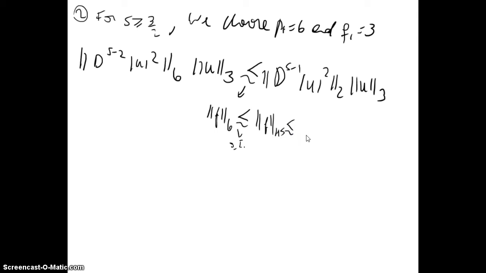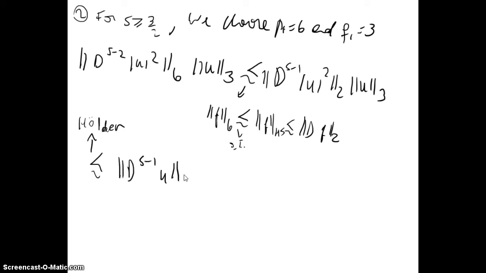If this is less than or equal, then the L^2 norm. Okay, so now we will use Hölder to bound this by the norm of D^(s-1) u. We separate this 2 times, and we take one of these outside. Now we will have 2 of these norm L^3, squared.